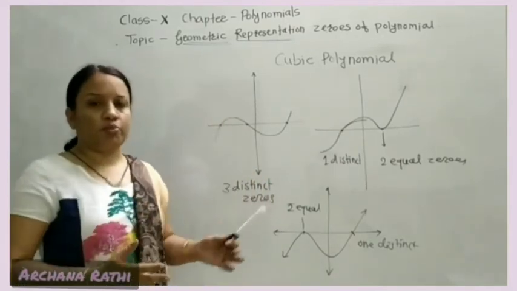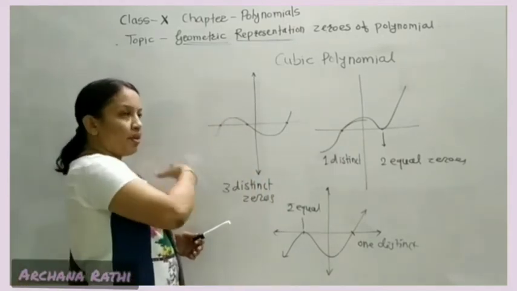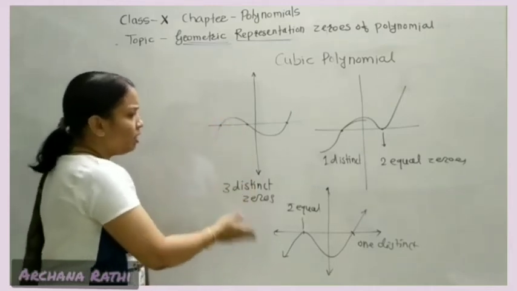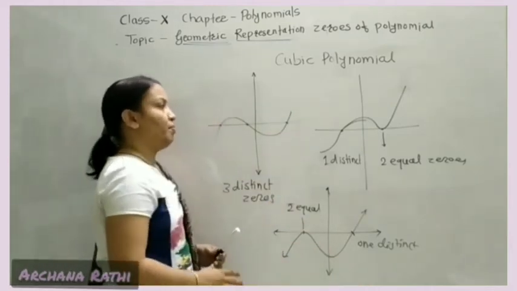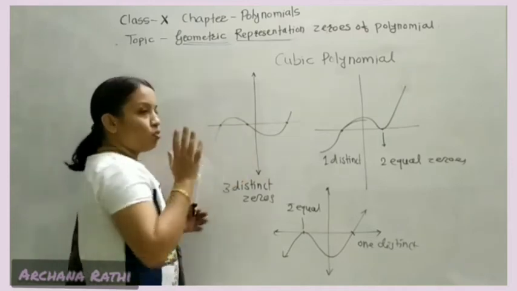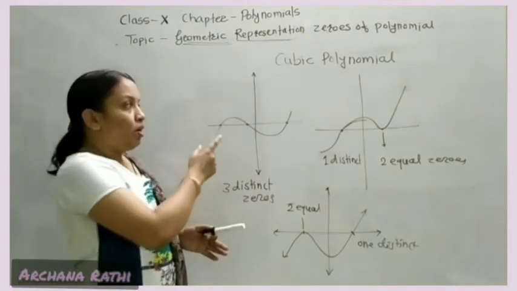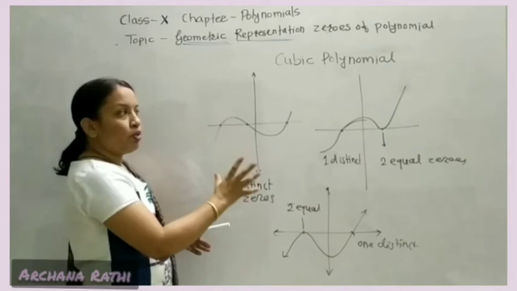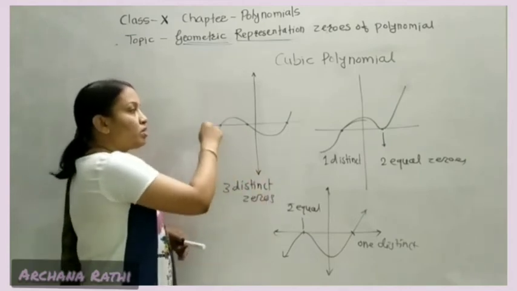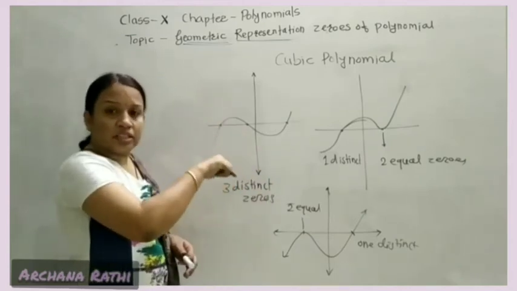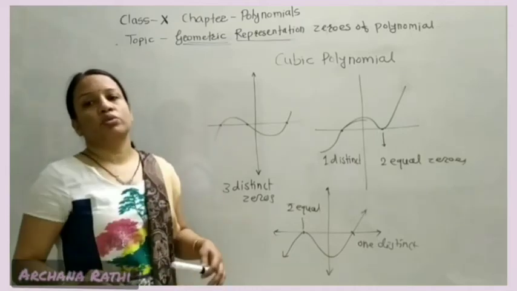If you take any cubic polynomial and represent it graphically, you will get examples like this. So what are the zeros of the polynomial? By observing only the graph, wherever the curve intersects the x-axis, that many zeros are there.